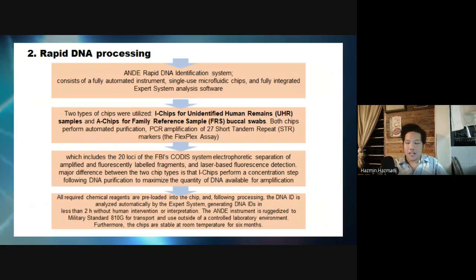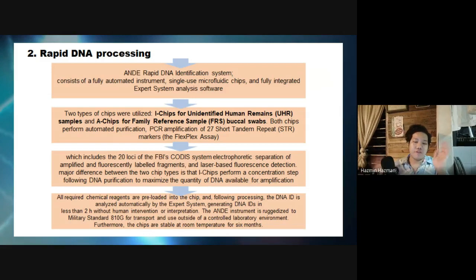It talks about the ANDE Rapid DNA Identification System. This system is a fully automated instrument, with a single-use microfluidic chip and fully integrated expert system analysis software. We all know that this instrument is already famous in the USA for forensic use.